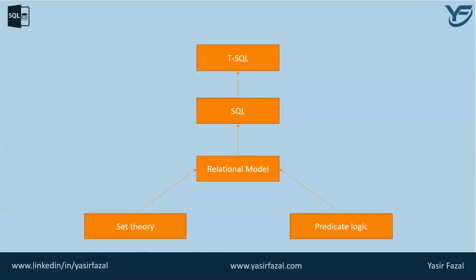These standard features of SQL are normally inherited by various vendors, for example, Microsoft. And then these features are provided in T-SQL along with new features which are written by Microsoft or any other database vendor, right?